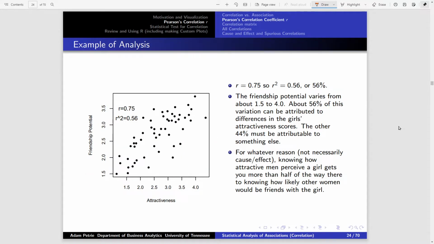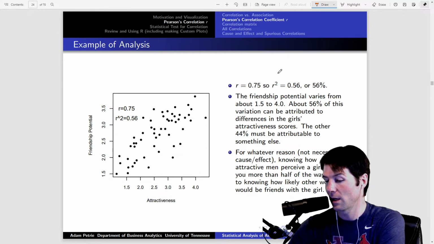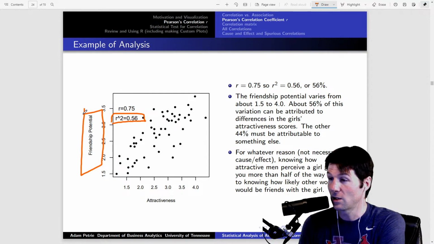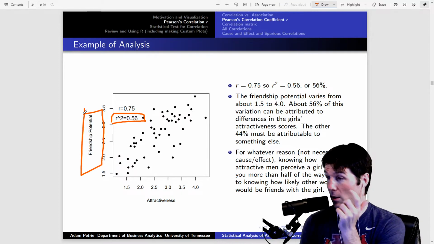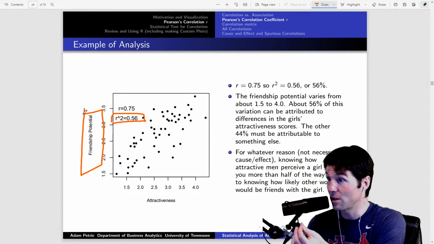And you'd say here, okay, I know that knowing someone's attractiveness rating would get me 56% of the way to understanding the variation in their friendship potential. And to me, that sounds pretty important. 56% of the variation in someone's friendship potential is attributed to the variation in their attractiveness.